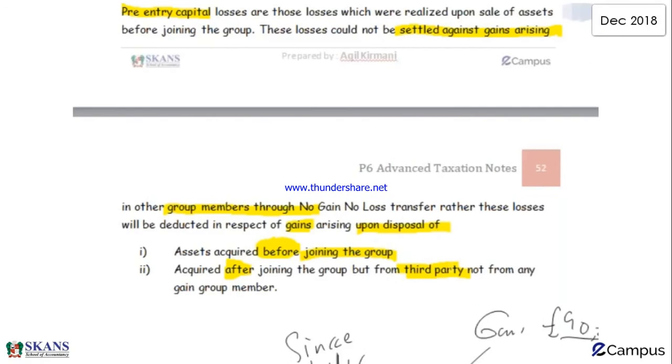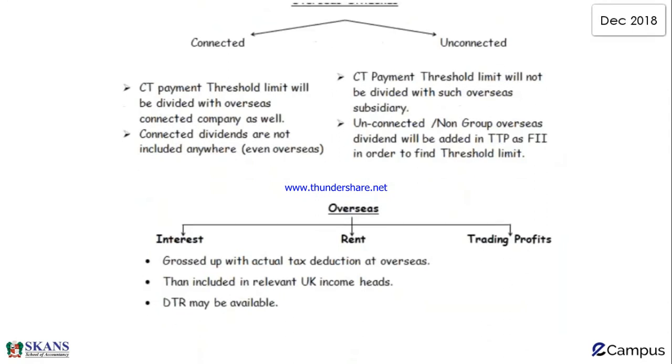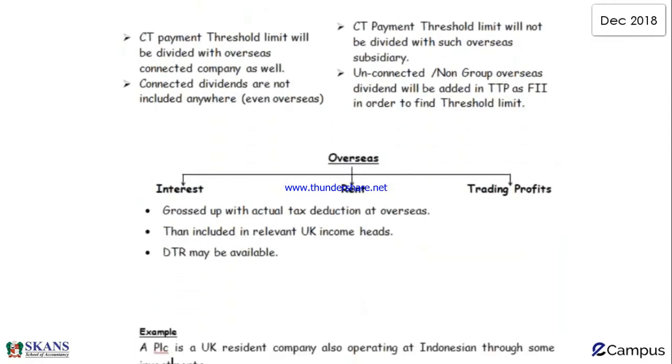So that is all about the capital gains group. Well, as far as overseas aspects of companies are concerned, I have written them in detail over here with all of its required constituents with examples.